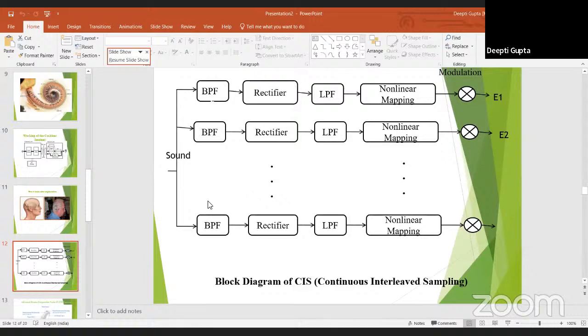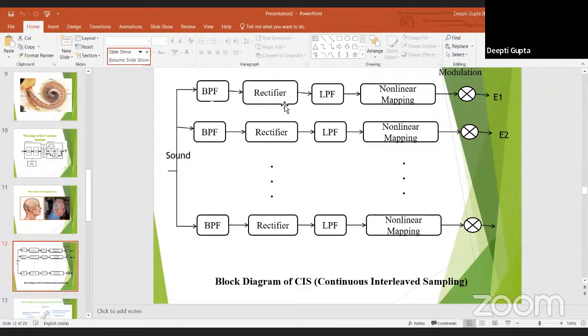Suppose if I draw something here, like that, form and frequencies.